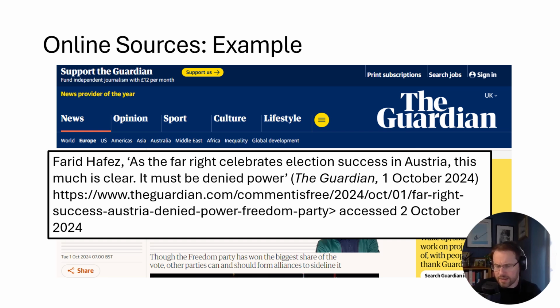Those are the key things that we're looking for, rather than focusing on making sure every full stop and comma is in the correct position. Really, if you learn how to do it and you're consistent, then you won't need to think about it, and that's going to make your life so much easier.